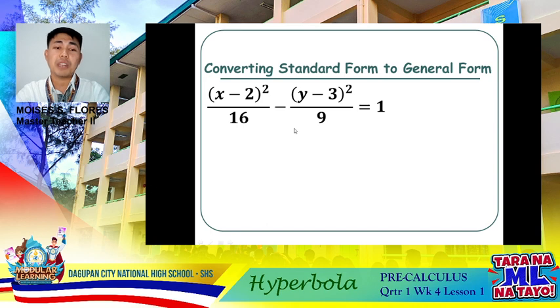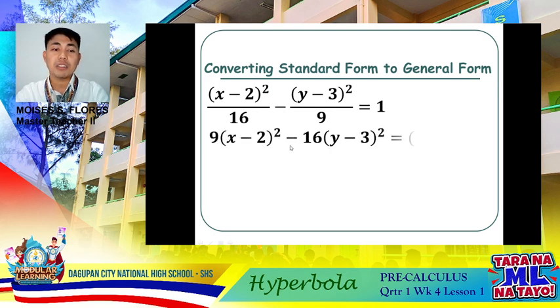We have here denominators 16 and 9. All we need to do is simply cross multiply. So this 9 is to be written on the x term, 16 is to be written on your y term. And of course, this is to be multiplied on the other side also. After we cross multiply, there you have it.